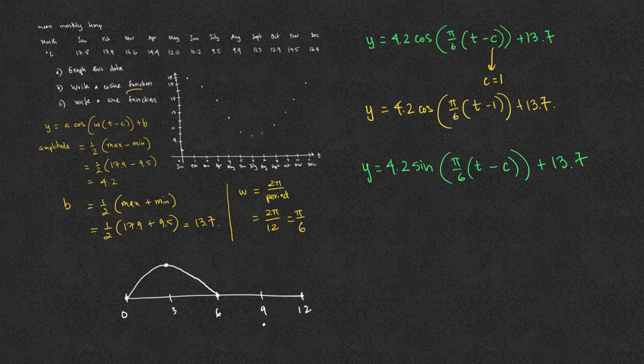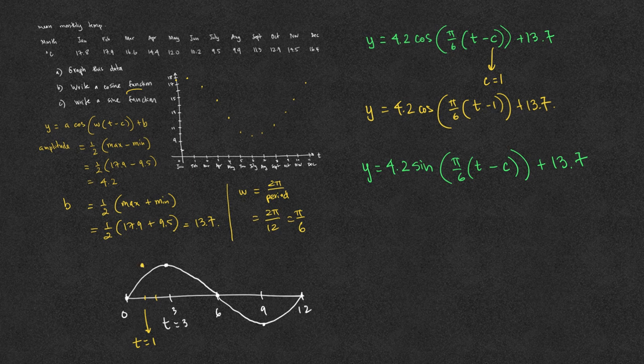Without the horizontal shift, the maximum occurs at t equals 3. But we want the maximum at t equals 1. From the data, we see that the maximum 17.9 occurs at t equals 1. And so for the maximum to occur at t equals 1, we would need to shift the graph of sine to the left 2 units.